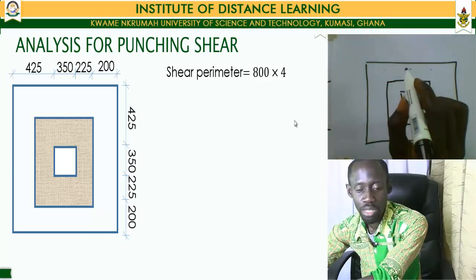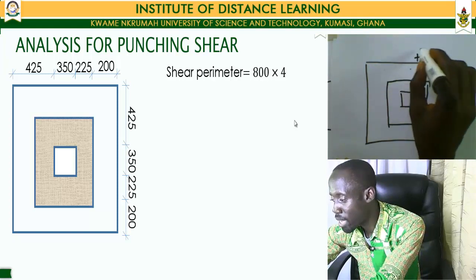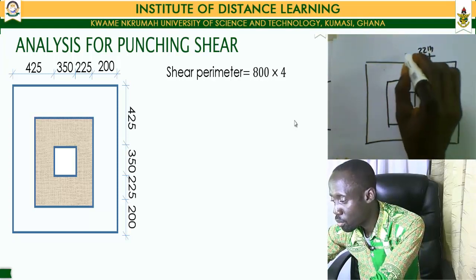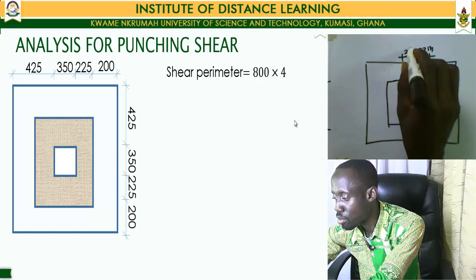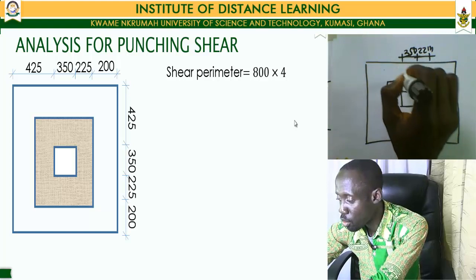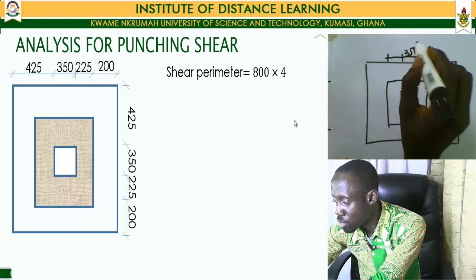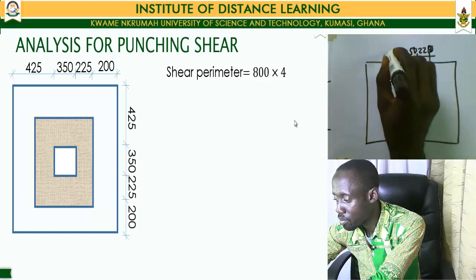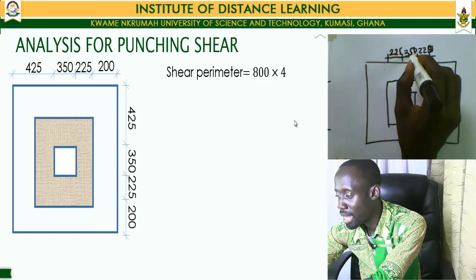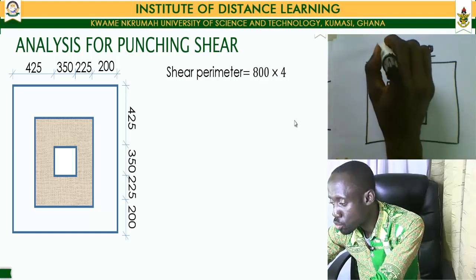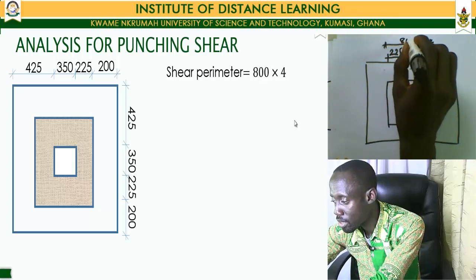The distance 1.5d, as we realize, is equal to 225 millimeters, with our column having a dimension of 350. If we come to the other side of our column, it would also have another dimension of 225. Adding the 225 to the 350 to the other 225 gives us a total dimension of 800.